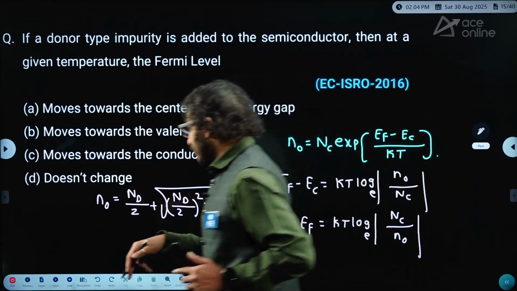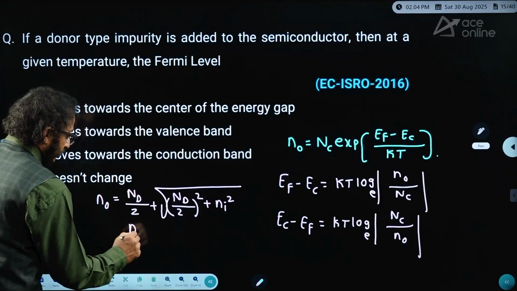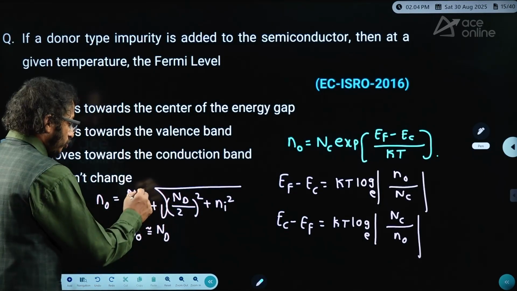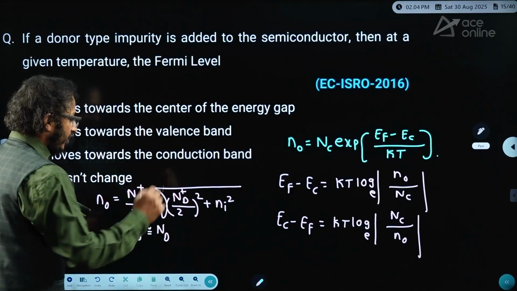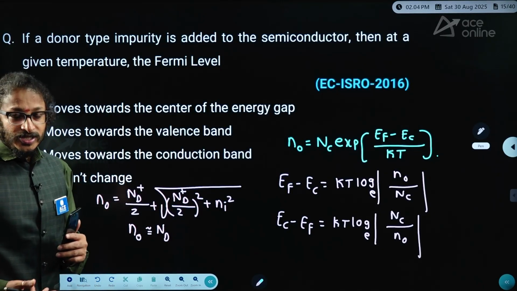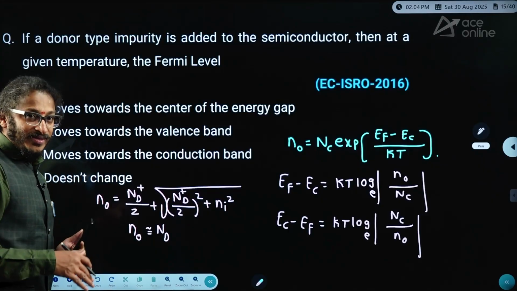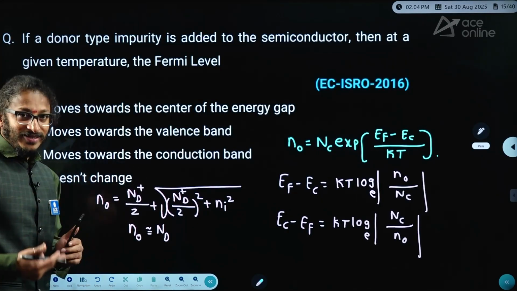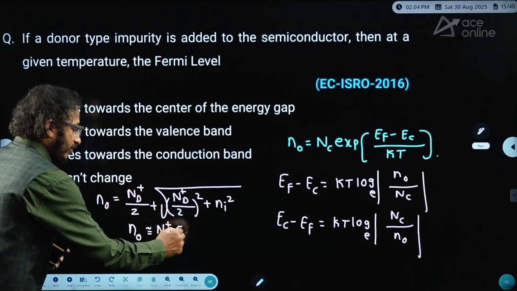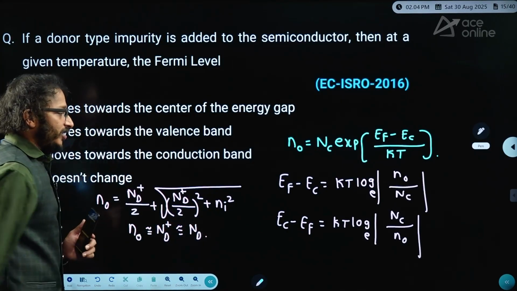So in that case, n0 is almost equal to N_D, more precisely it should be N_D plus, I hope you know that, N_D plus, ionized donor impurity. And again, if no condition is specified, we go for 100% ionization, then N_D plus is equal to N_D.